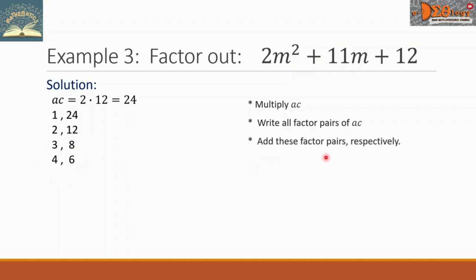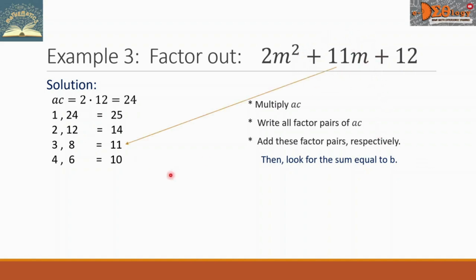Then we add these factor pairs respectively. So we have 25, 2 and 12 is 14, 3 by 8 is 11, 4 by 6 is 10. Next, then we look for the sum equal to b. B here means the coefficient of the middle term, which is positive 11, and it is here.